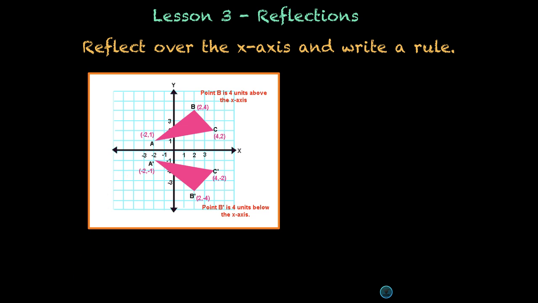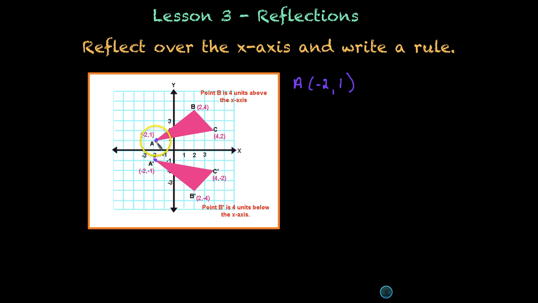Let's see if we can see some patterns. So if we look at point A, let's start off with point A. Point A on our original image is (-2, 1). Now if we are going to reflect this point over the x-axis and come down here, notice that our x value didn't change. We still came out at -2. But our y value does change.